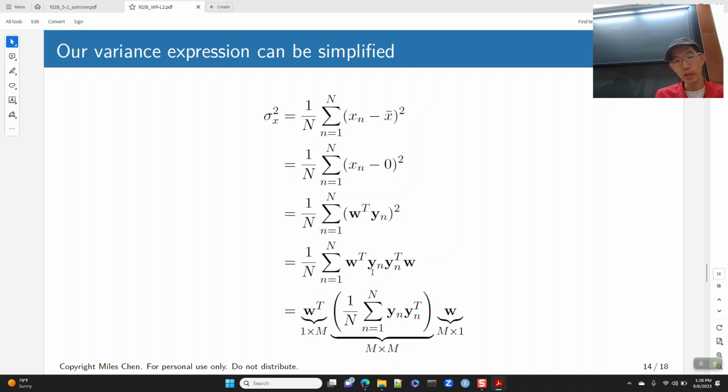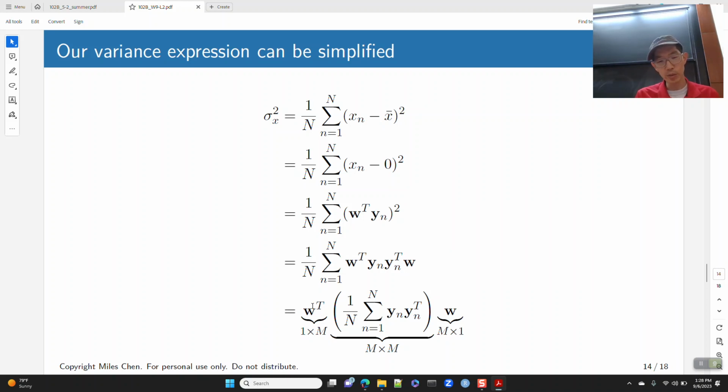And so if I square that, that's the equivalent of w transpose y sub n transpose w. And again, the y's are affected by our summation of n. We have different values of y for each subscript n, but the w's are the same for all of them. So I can pull the w's out of the summation.